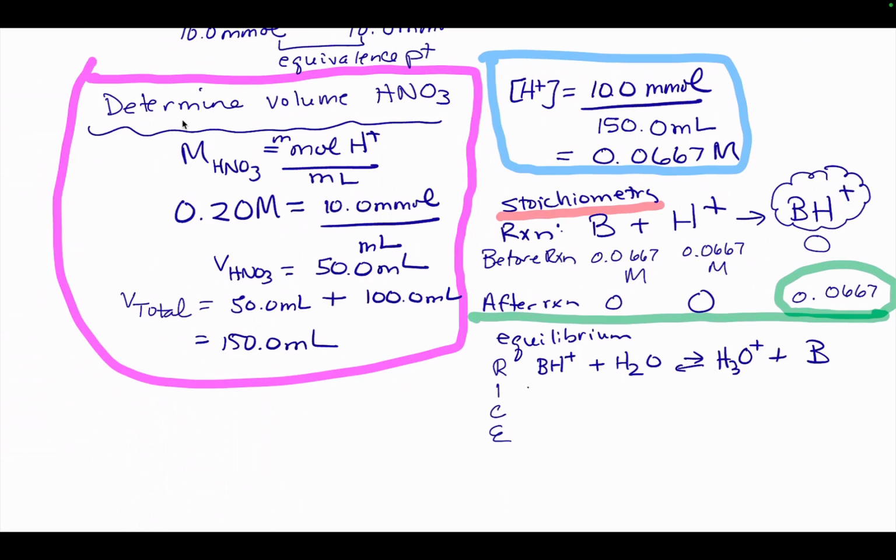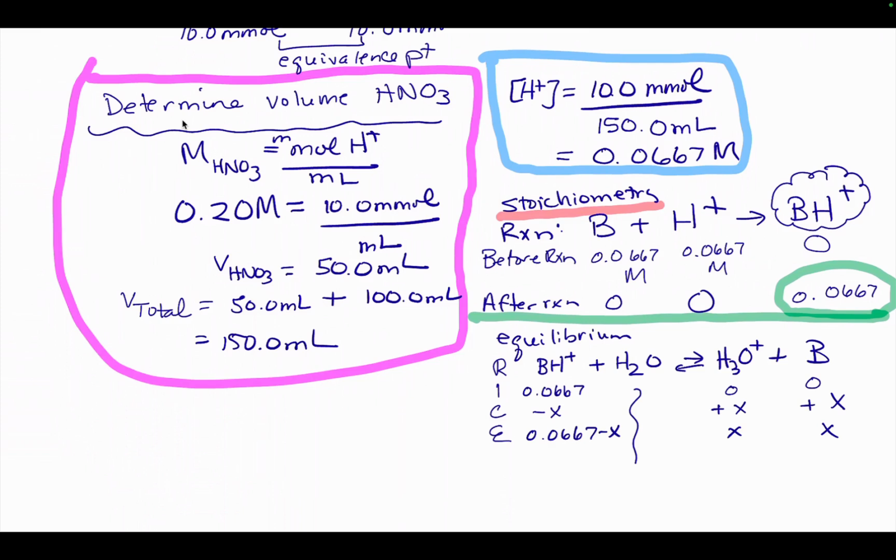Initially, I know this is 0.0667, and I'm going to assume that I don't have any of this. Then the change is I'm going to use up the weak acid, and I'm going to produce hydronium and base. So at equilibrium, I have 0.0667 minus x, x, and x.